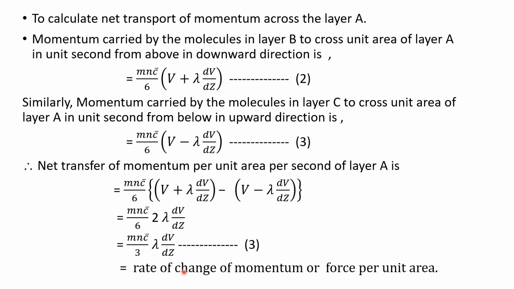Hence, according to Newton's law of motion, we know the rate of change of momentum is nothing but force per unit area. According to the earlier case, equation 1, the theory of viscosity of gas, the viscous force per unit area is given by eta dv by dz, and that term is exactly the same as the net transfer of momentum per unit area per second.